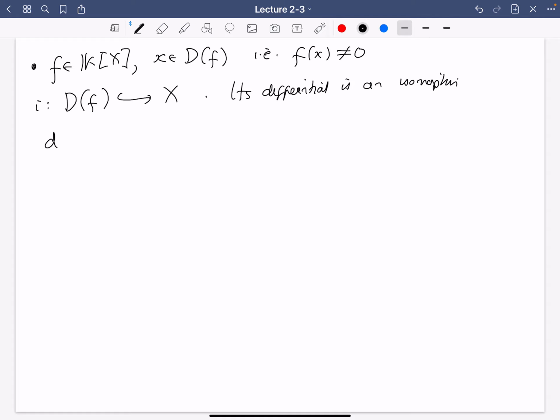So this is dix from the tangent space at x for this principal open subvariety with its affine variety structure, to the tangent space of x itself. This should be intuitively obvious. The tangent space at a point should only depend on an open neighborhood of that point.